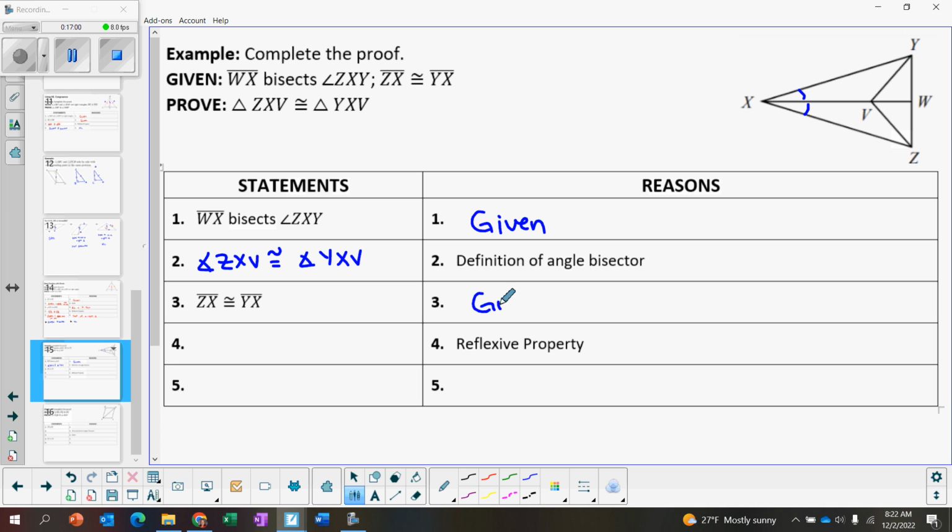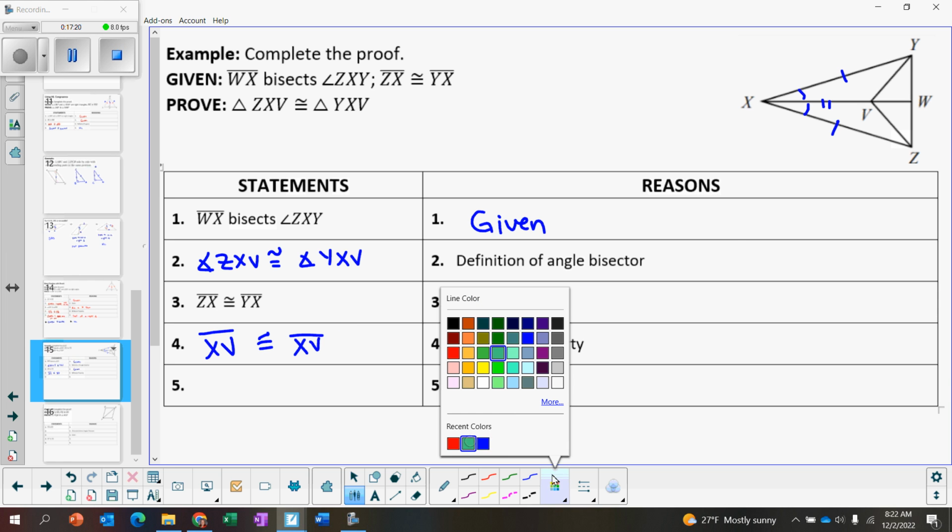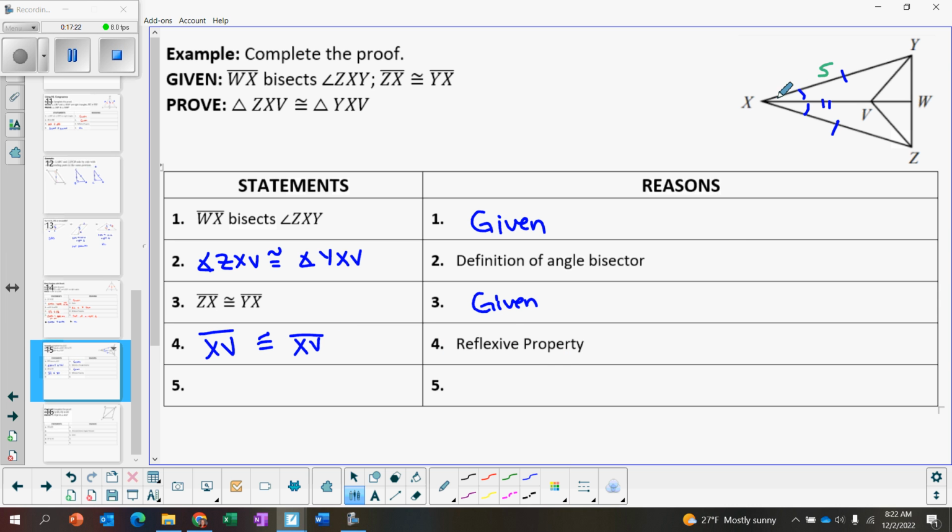We're also given that segment VX is congruent to segment YX. We can use the reflexive property in our picture to say that XW is congruent to XW. And now we have enough to say, using SAS, that triangle VXW is congruent to triangle YXW.